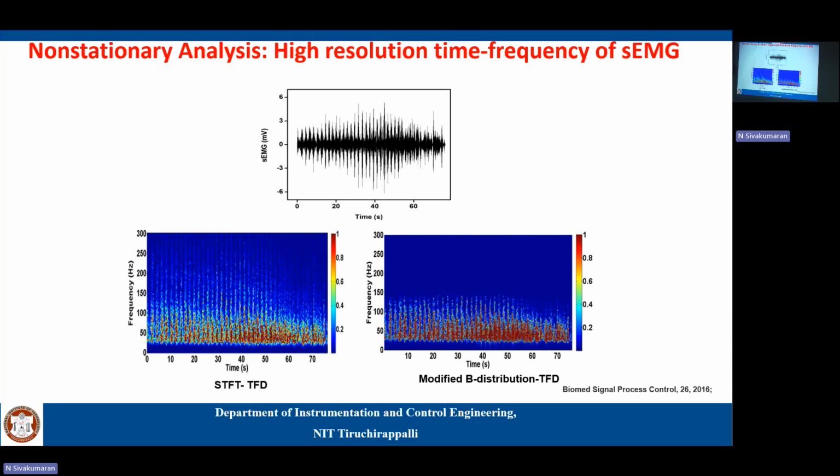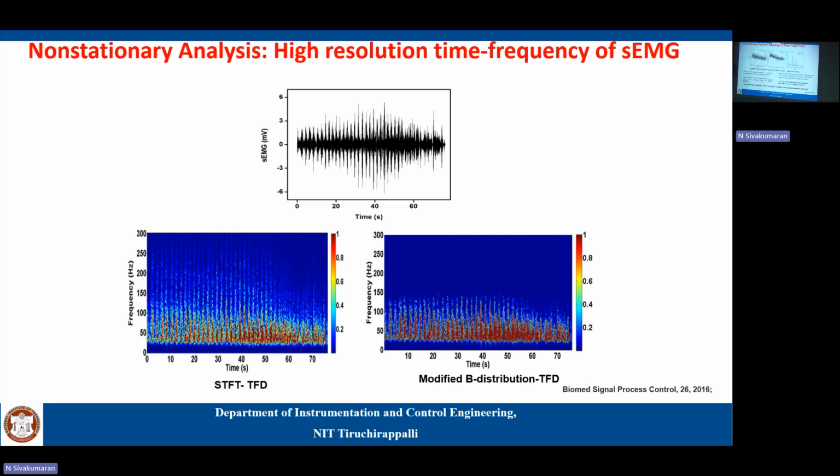Those who have taken signal processing are all aware of the Fourier transform. The short-time Fourier transform is a modified version of the Fourier transform to capture frequency variations with respect to time. This is our technique. We published this study in 2016.